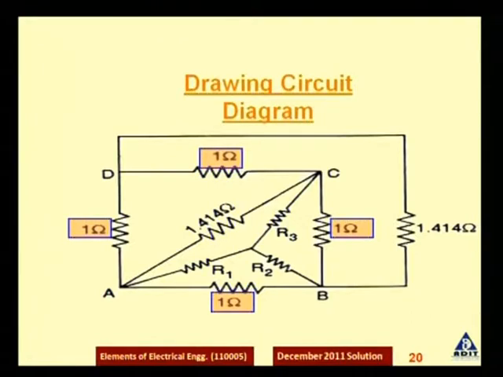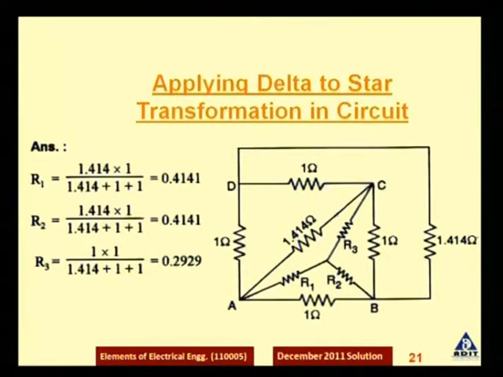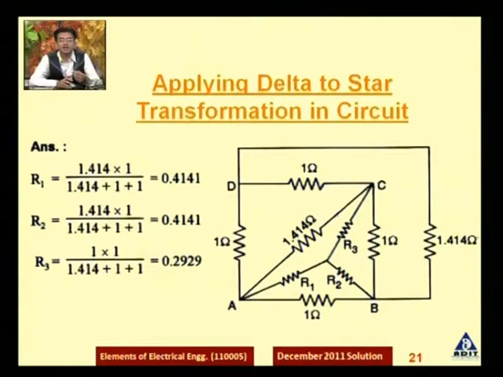Okay, now we will see how to solve this circuit. Applying the delta to star transformation in the circuit, you have this delta over here. Actually you have two deltas, but for understanding I will take triangle A, B and C as my first delta.